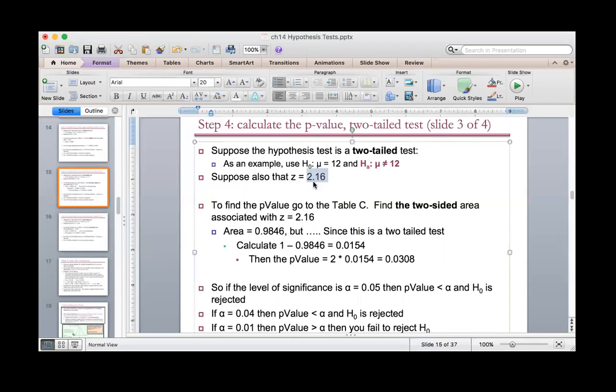And now we go look this up in the table, and you get .9846. But we want the tail area, so we take 1 minus that. That gives me the tail area of .0154. But since this is a two-tailed test, I have to multiply by 2. So the real p-value then is .0308. The p-value is two times the tail area.